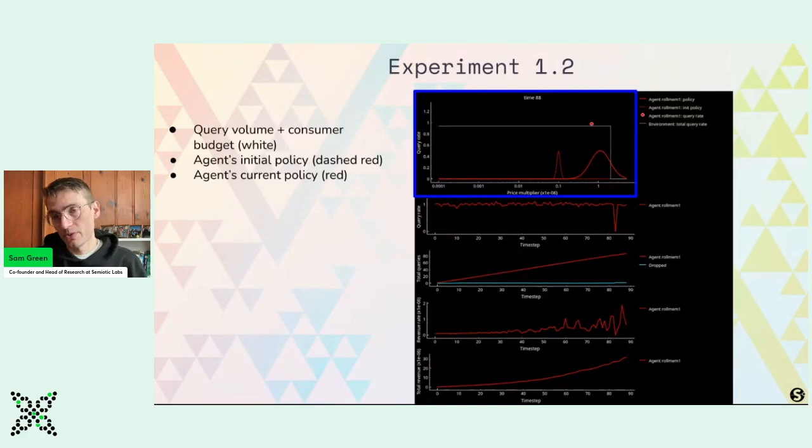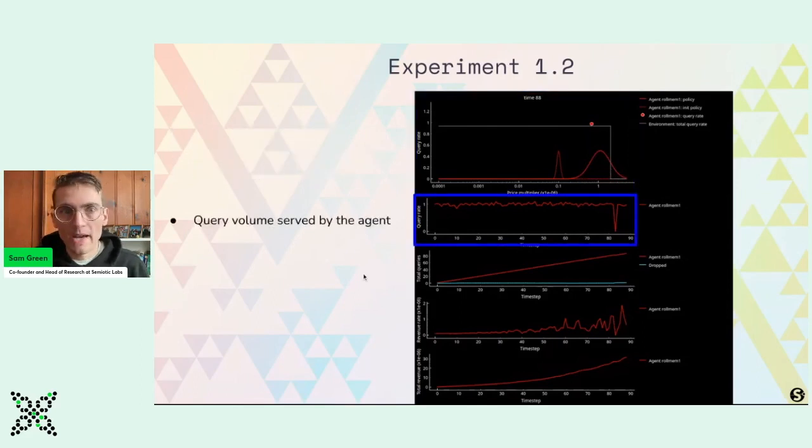You can think of this as the indexers trying to discover what the clearing price is in the marketplace. They don't know it a priori. It's not given to them. Here, the dashed line is the initial policy, and that will stay fixed for the visualization. And the solid red line is the current policy. We then have the query volume served by the agent.